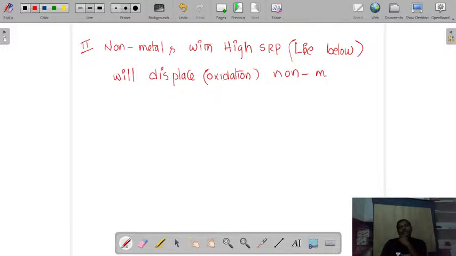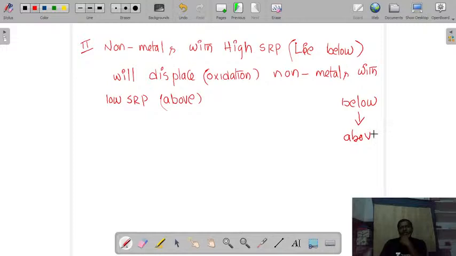Low SRP non-metals lie above the series. In case of non-metals, below the series can displace above the series, exactly the reverse of metals. In case of non-metals, displacement is called oxidation.